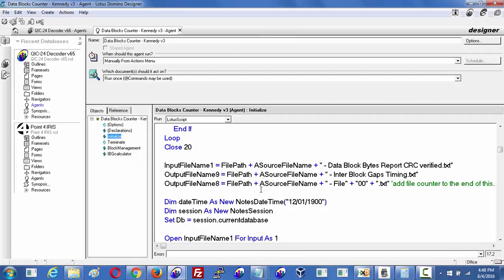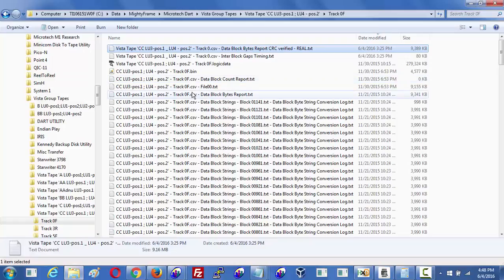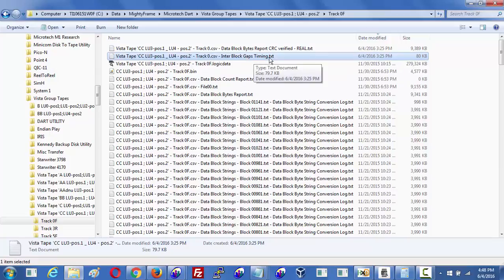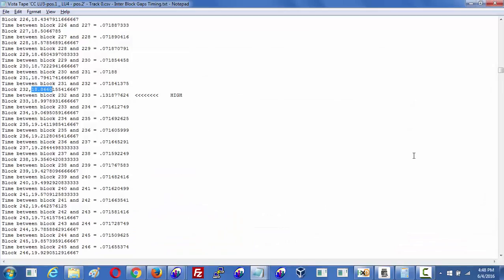So this program does two things. For the Kennedy format, it gives me the interblock gap timing. So one of the things that I do is open this file here called interblock gap timing. I believe I already have that open right here.